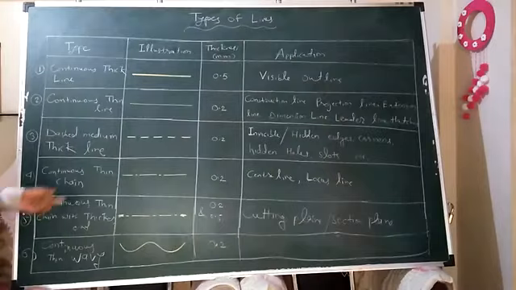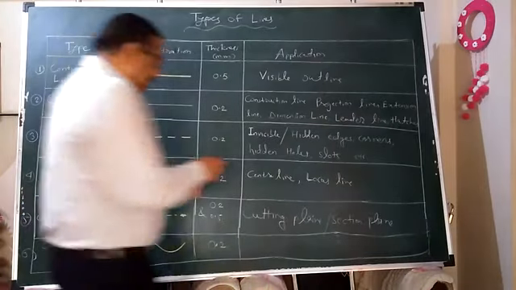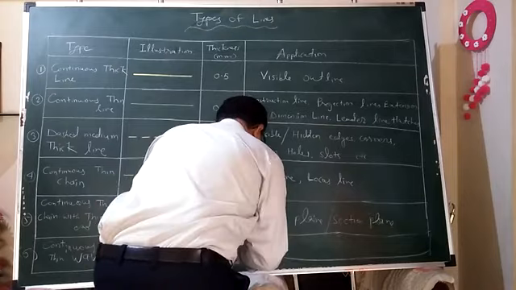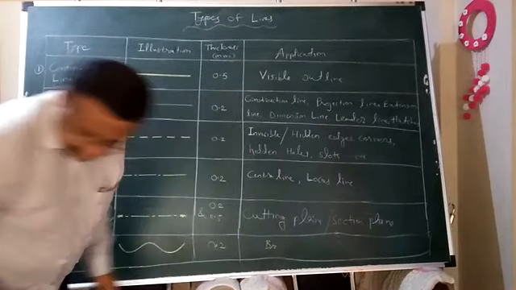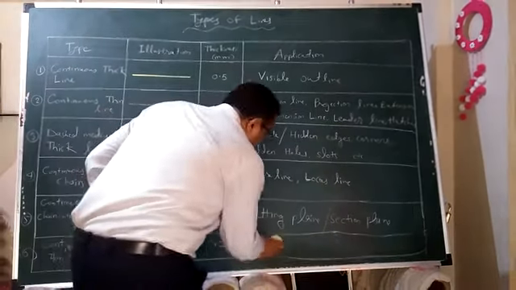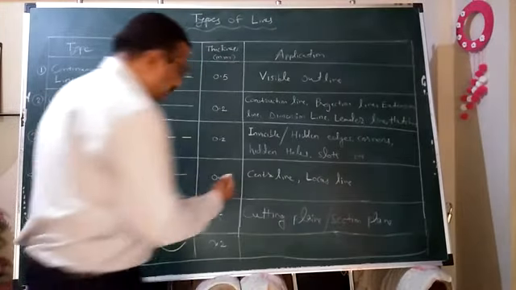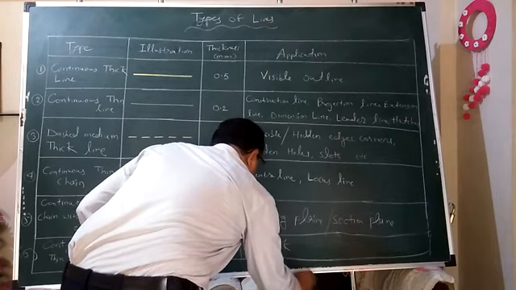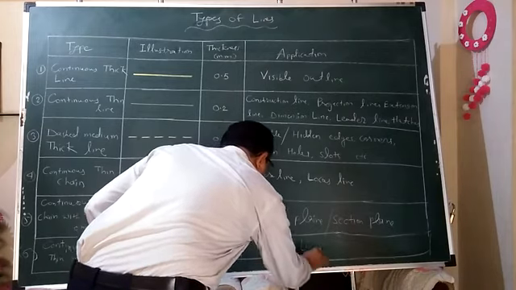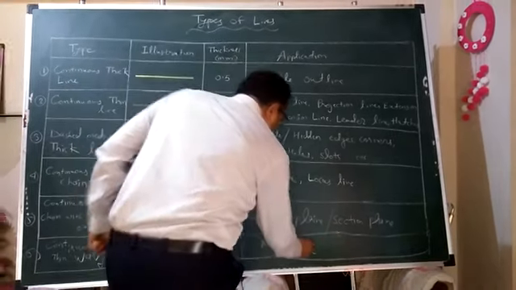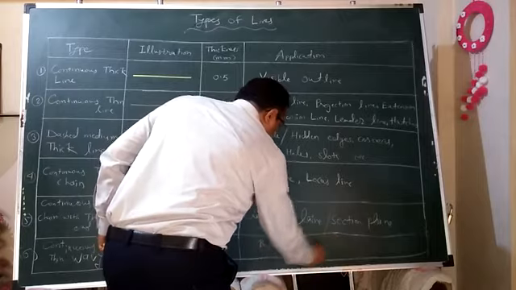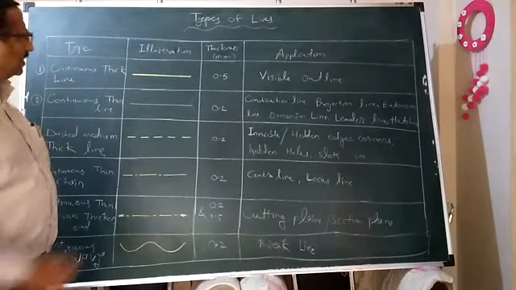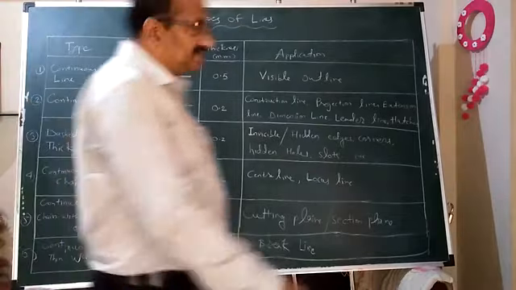It is used for showing break line, short break line. In order to show the break line, such kind of continuous thin wavy line is used. What is a break line? That also we are going to learn after completion of this session.